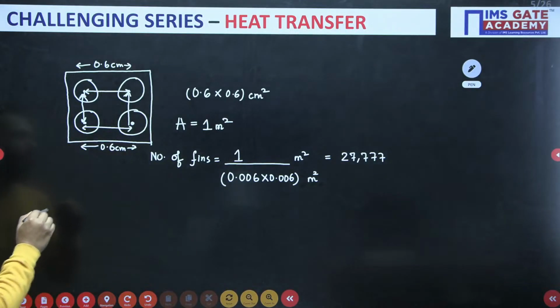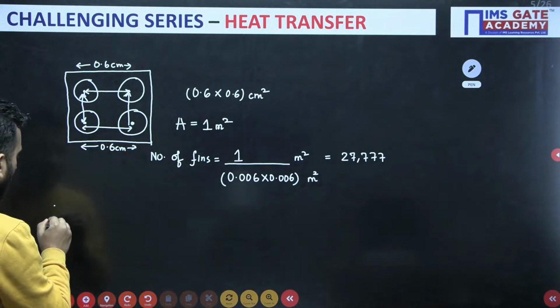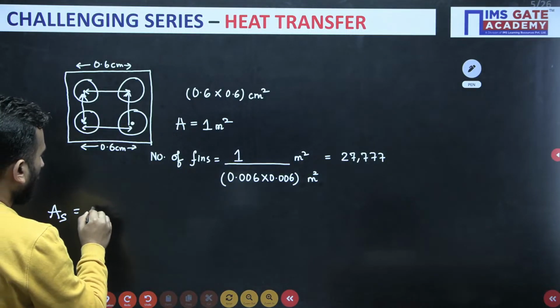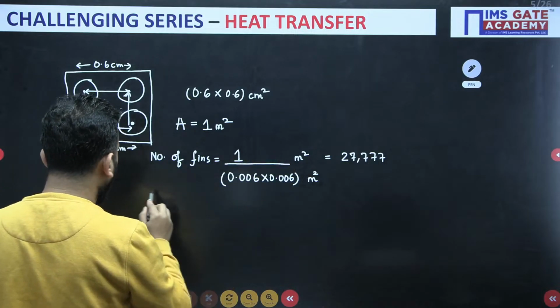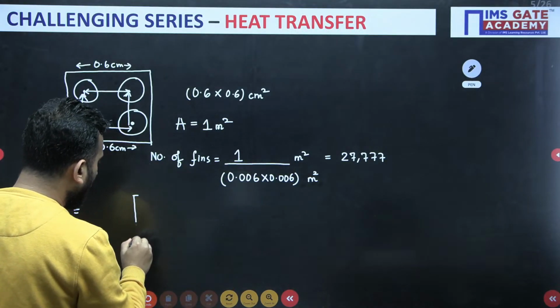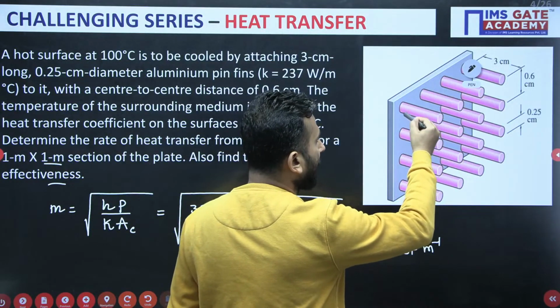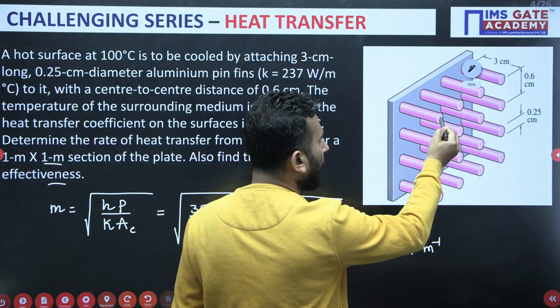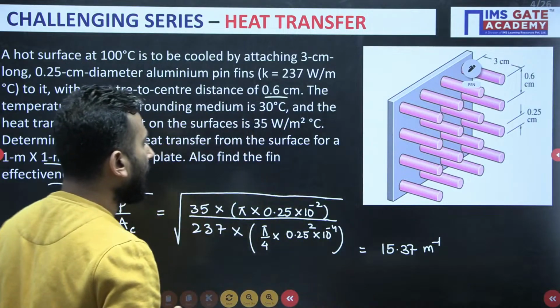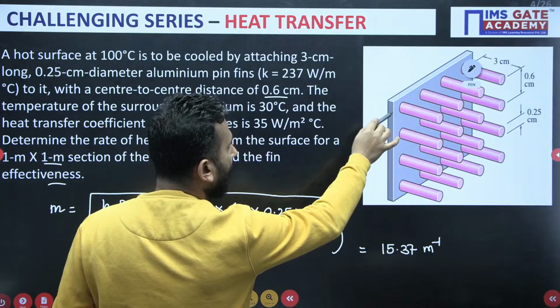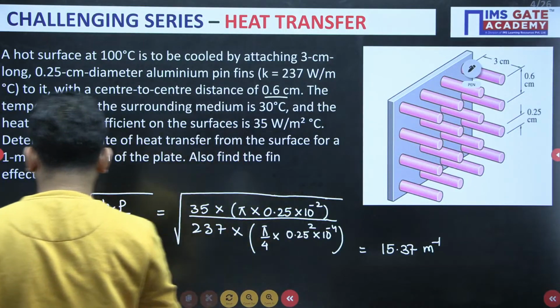And now for heat transfer, we have to find what is the total surface area from where heat is transferring out. So total surface area. So for one fin, heat transfer is taking place from the curved surface and from the end surface. So curved surface is nothing but pi d L, and curved surface you know.